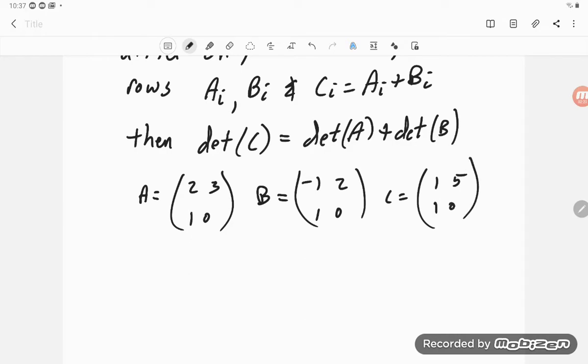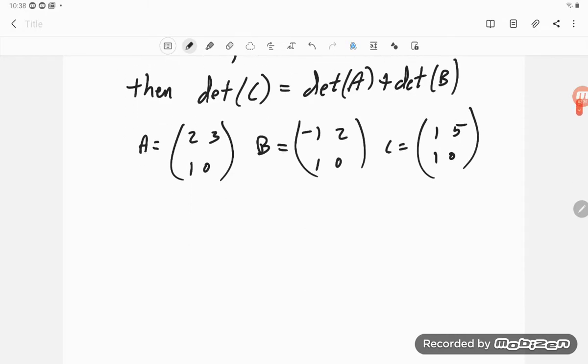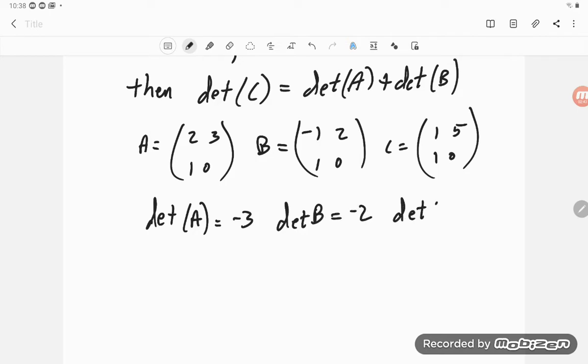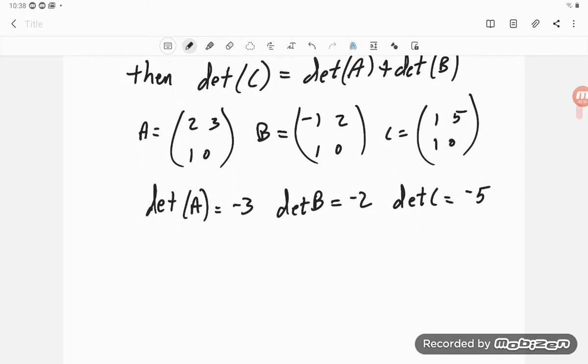So notice only the top row is different, but the top row of C is the sum of the other two. Well, we have determinant of A is equal to -3. Determinant of B is equal to -2, and the determinant of C is equal to their sum, -5. So that's an example. They also have an example in the text. But that's pretty nice, okay?